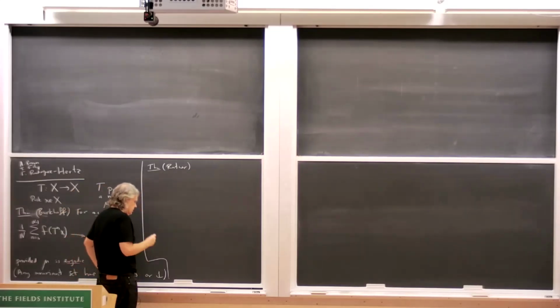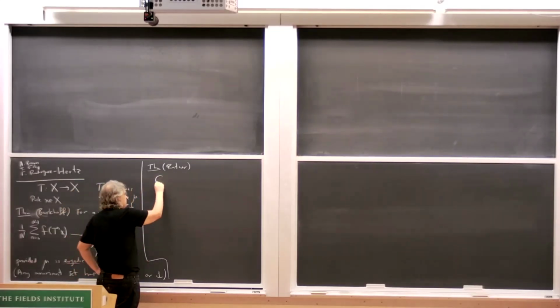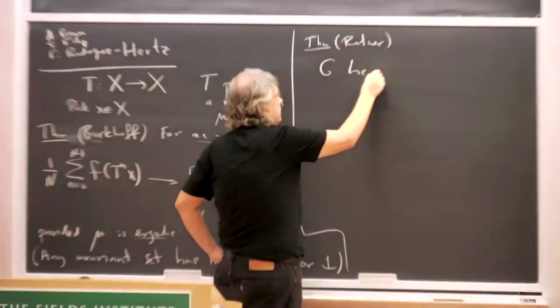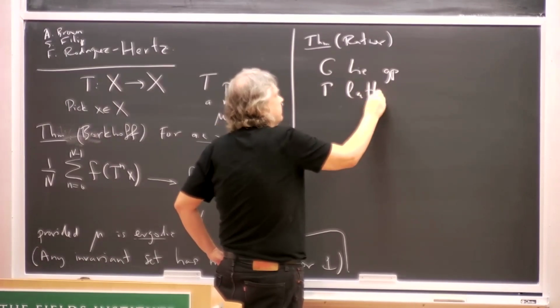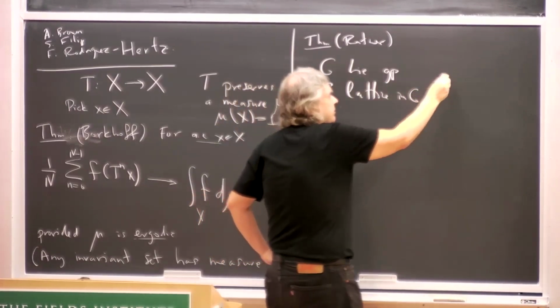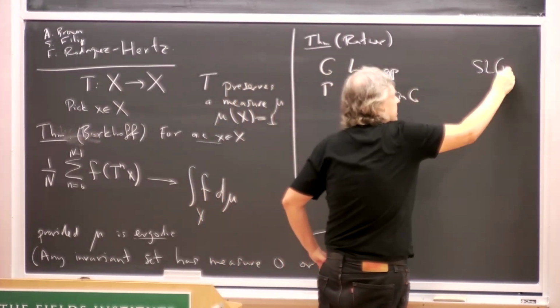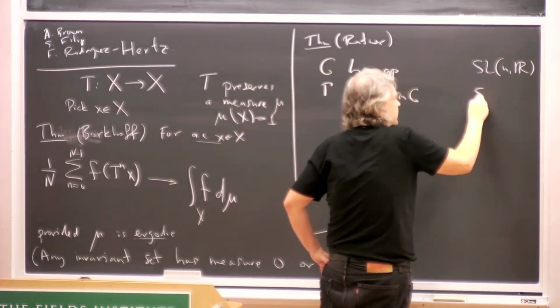So here is the setup. G is a Lie group, and gamma is a lattice in G. Here I should think of G as being like SL_n(R), and gamma as being SL_n(Z).